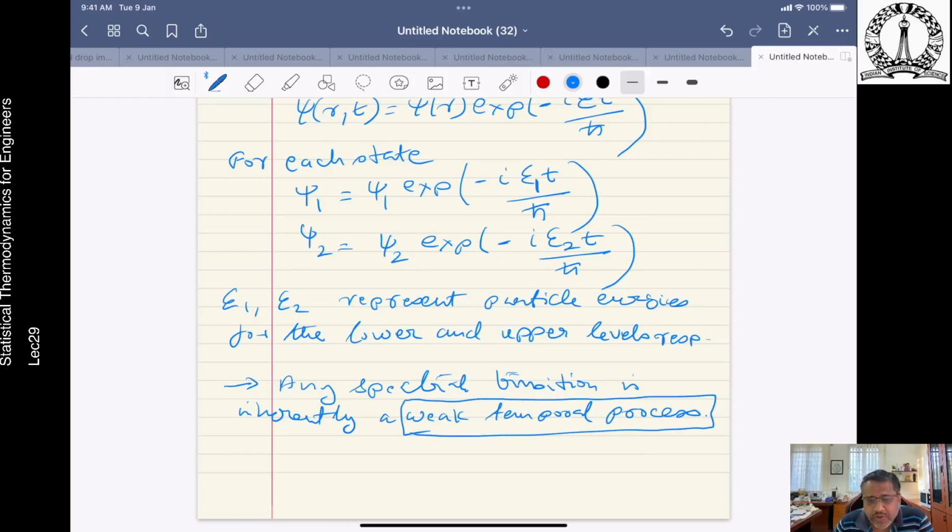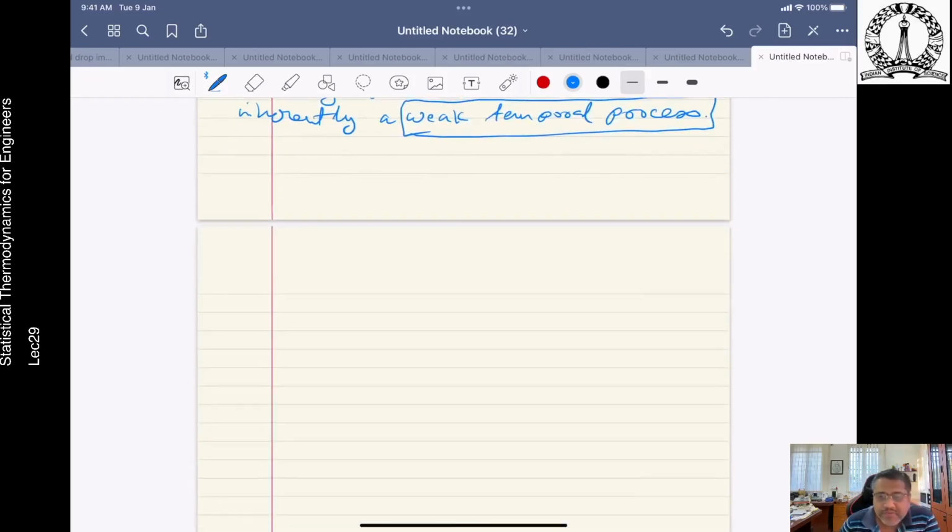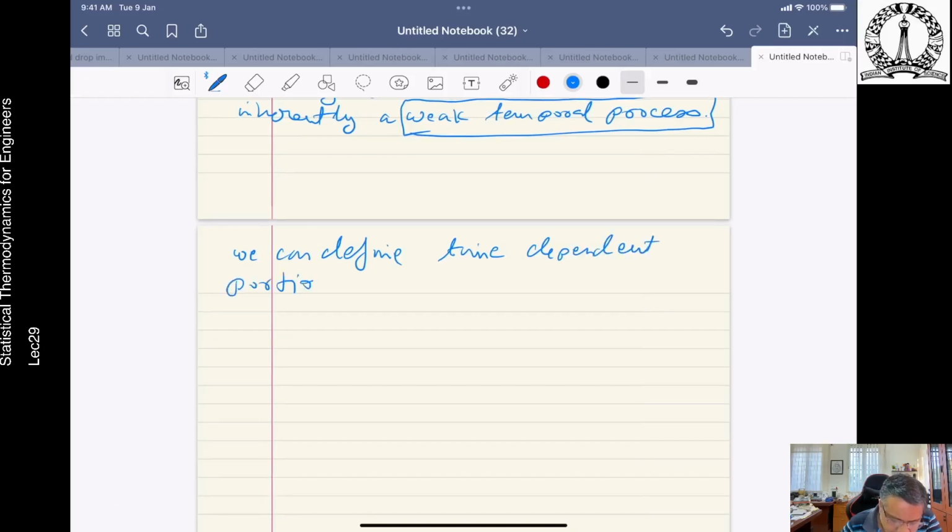Therefore, based on this assumption, we can define the time dependent portion of the Hamiltonian operator, H hat prime, as a small perturbation.